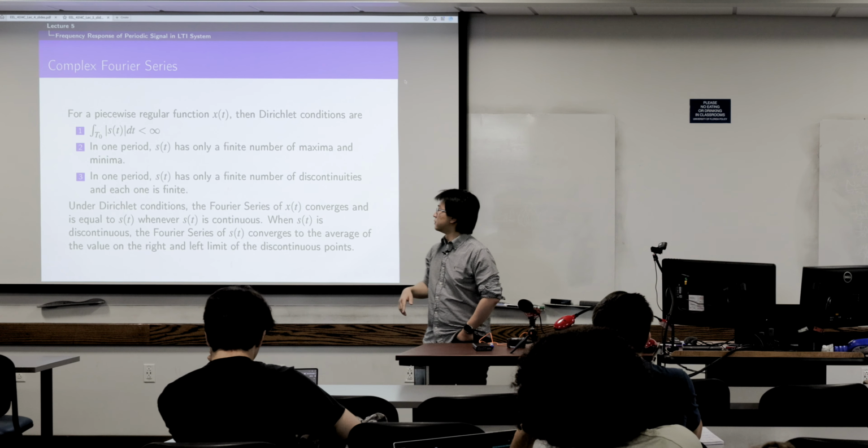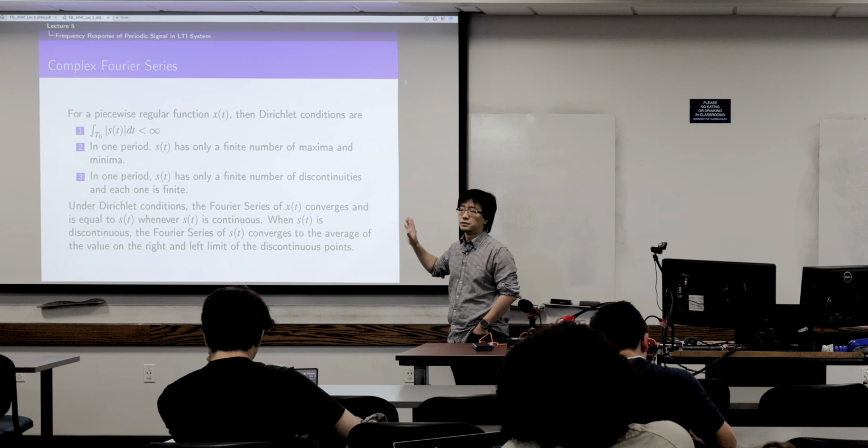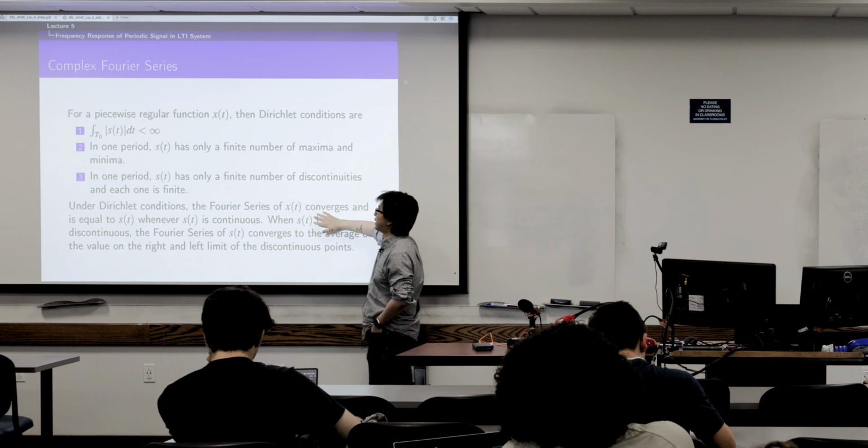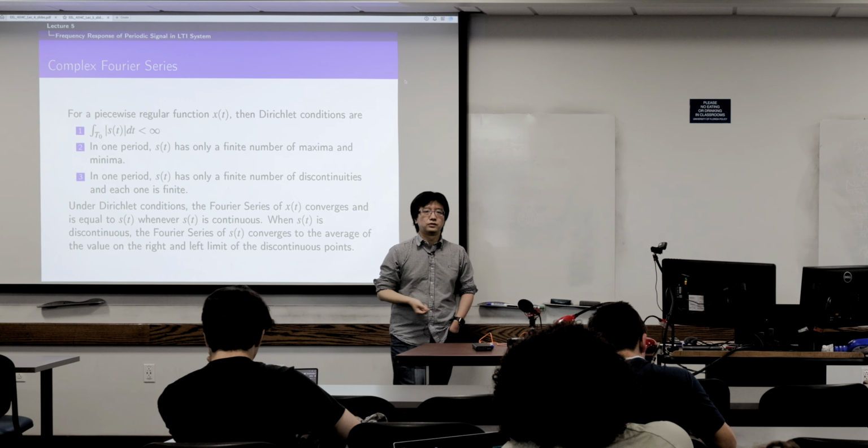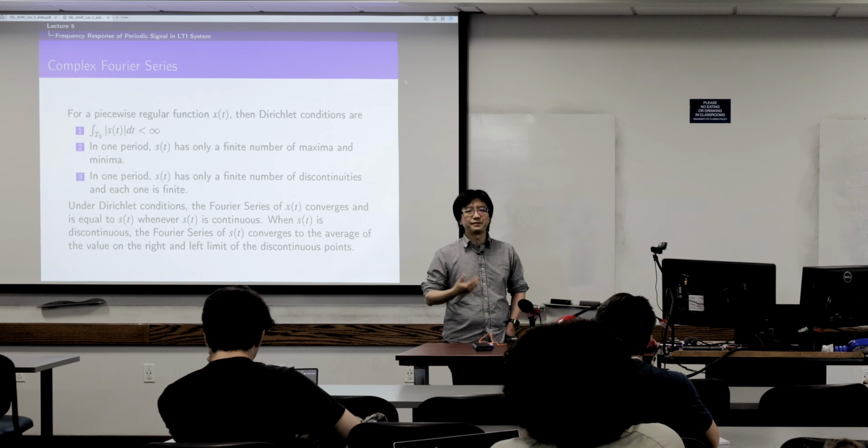Those conditions are sufficient, but not necessary. Sufficient means that if a signal satisfies all of these, then we have a Fourier series. But they're not necessary, meaning that some signals that do not satisfy these conditions may still have a Fourier series. Does that make sense?